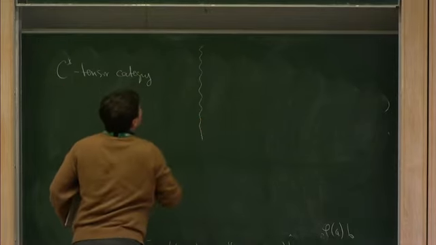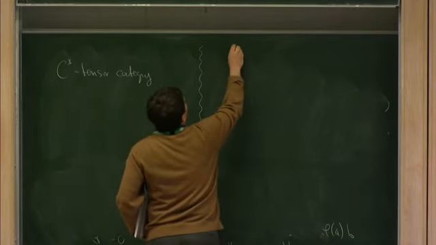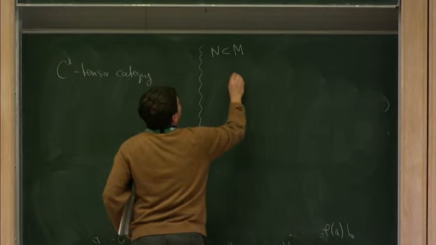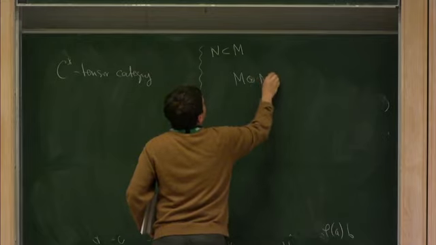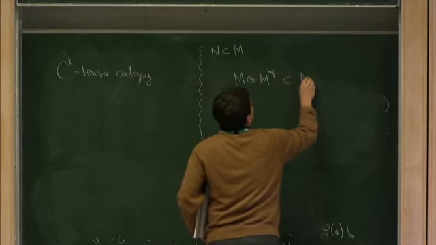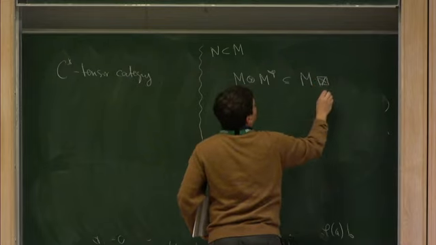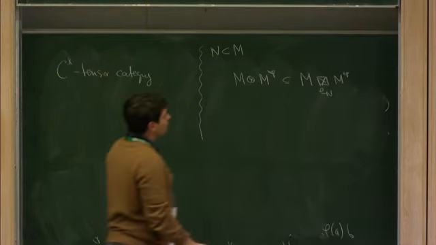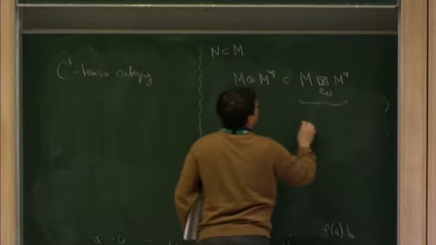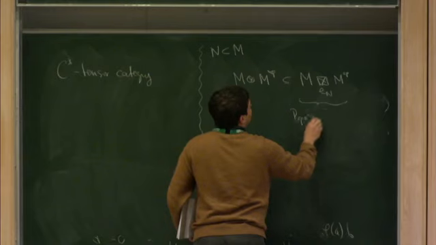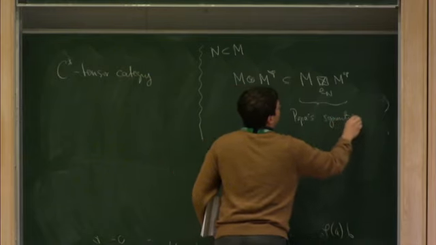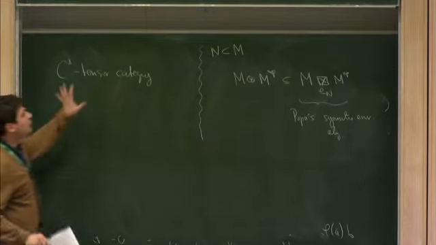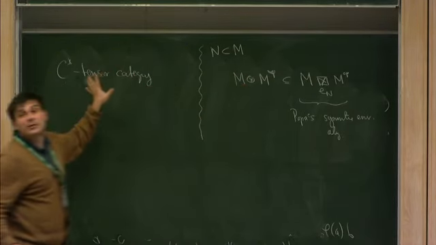And the second way, if you're given a concrete subfactor N into M, is what is called the quantum double: the inclusion of M tensor its opposite into a special algebra, which is Popa's symmetric enveloping algebra. So these are two distinct ways of encoding this kind of symmetry.